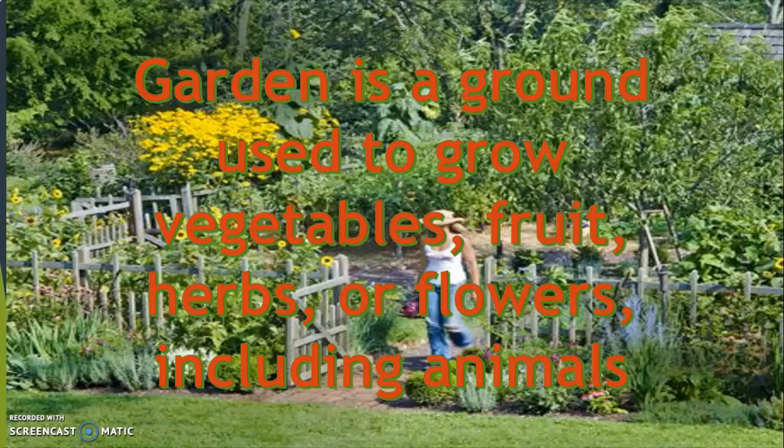The garden is a ground used to grow vegetables, fruit, herb, or flowers, including animals. So that is the use of the garden: to grow vegetables and fruits, herb, flower, including animals. Okay.